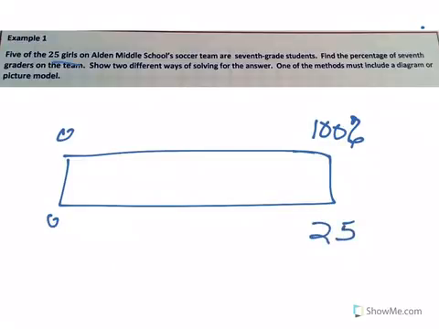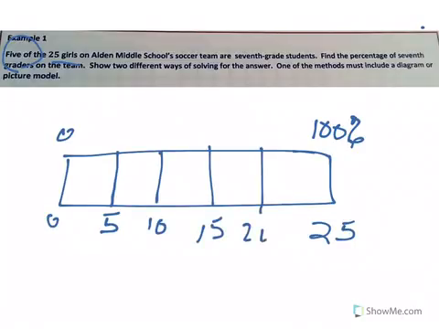That means all of the students, so 25 students. Now, I want to know where we would be with 5 students. So, if I take that 25, and I know I'm counting by 5s, I'd have 5, 10, 15, 20, and then 25 is already on there.